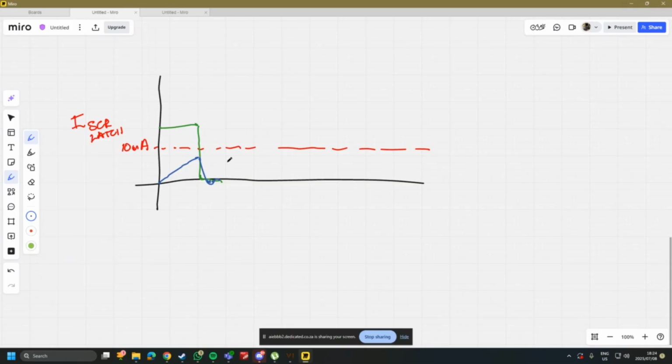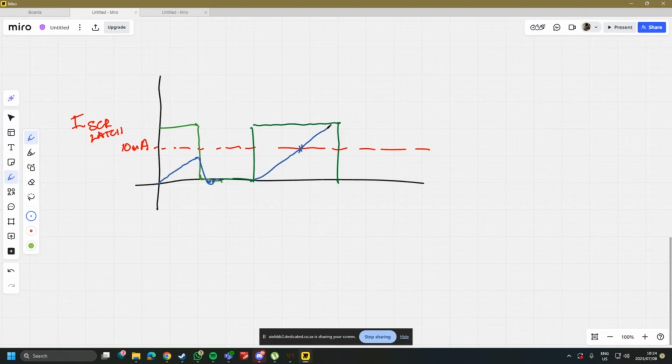Right. But if we increase the pulse length for this example by quite a bit, actually doubled it, and we keep the rate of current change the same, then the moment we get to this point where your load current is equal to your latching current, the SCR will continue conducting this current.